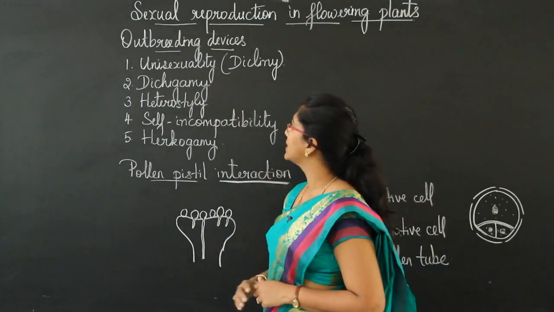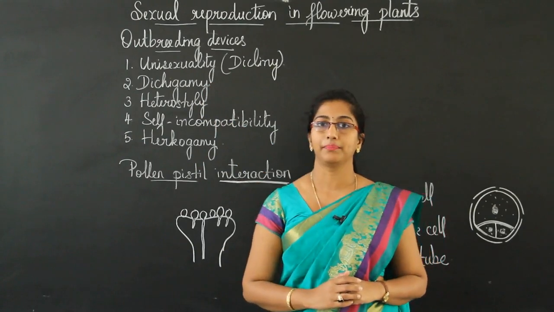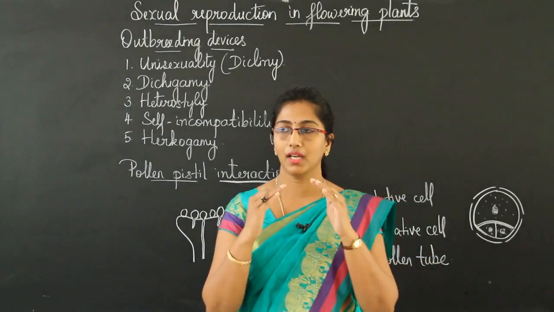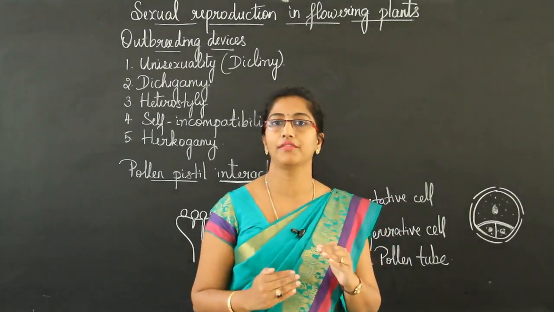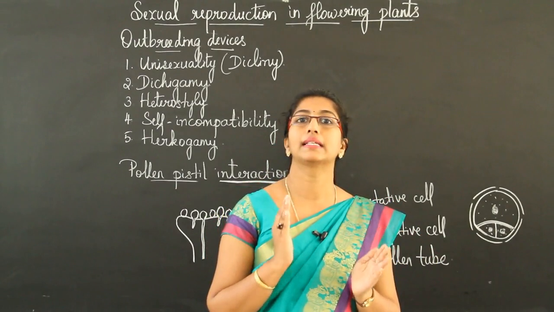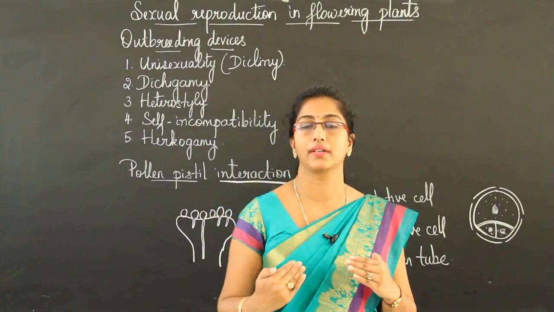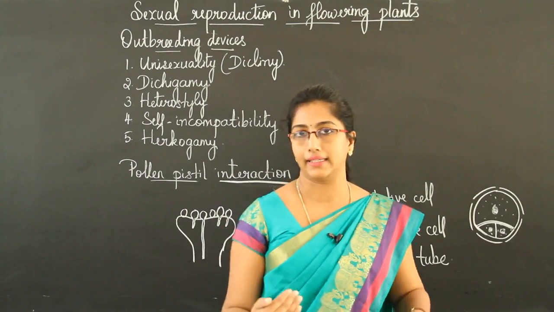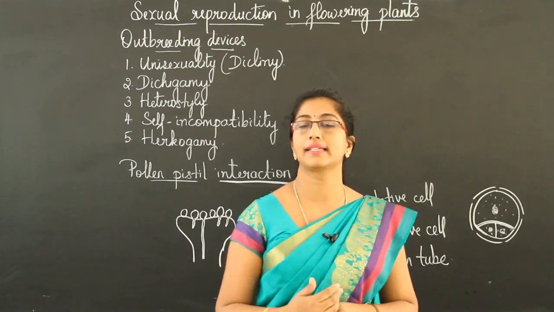Next we see dichogamy. Dichogamy is nothing but the maturation of androecium and gynoecium not happening at the same time. There is no synchrony between the maturation of androecium and gynoecium. I had told you about this in the previous session also.